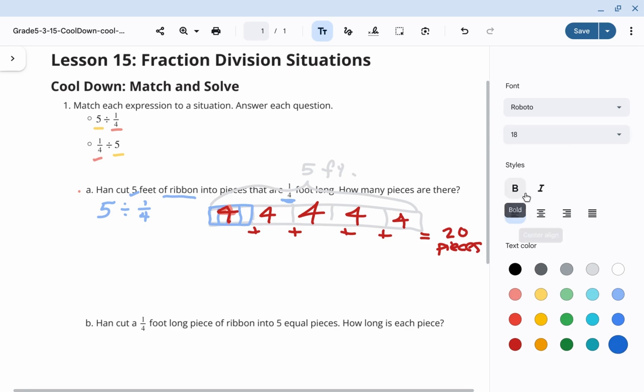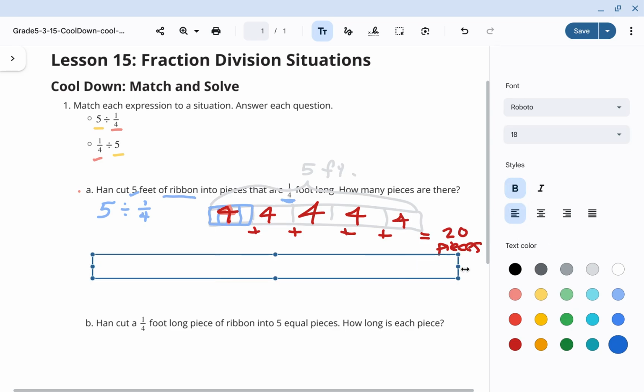So I am going to go ahead and come below, and let's write out just a little caption that tells us exactly what was happening in that tape diagram and the expression that we built. So I have 5 divided by 1/4. And I know that that equaled what? It equaled 20.